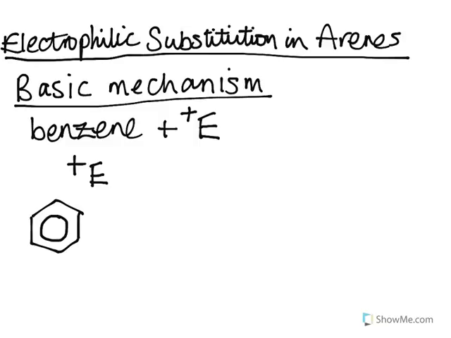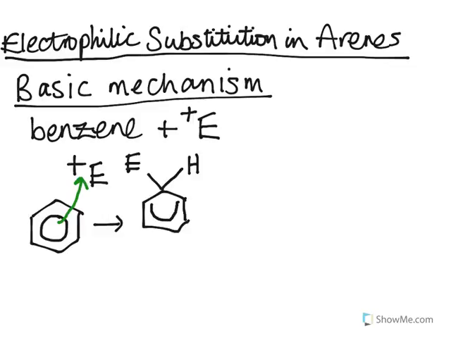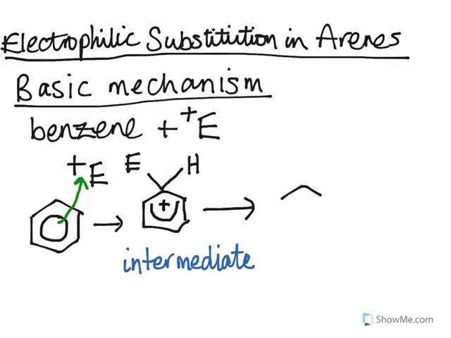In our first step, these electrons from the ring are attracted to the electrophile to make a bond with it. This gives us an intermediate where we have partially lost some of the delocalized structure of the ring. But of course, one of the really characteristic things about the chemistry of the arenes is the stability of this benzene ring.